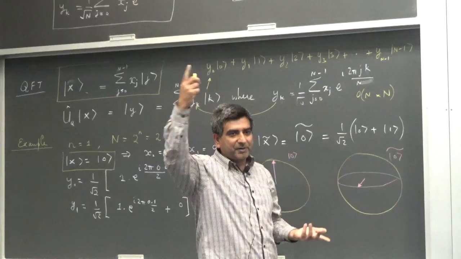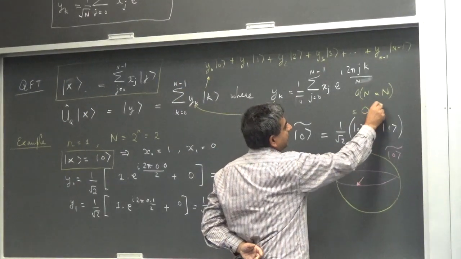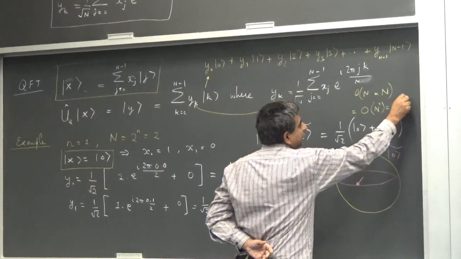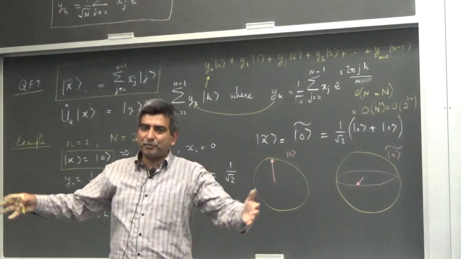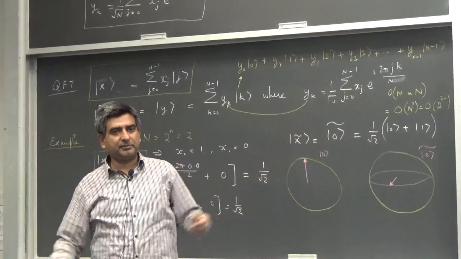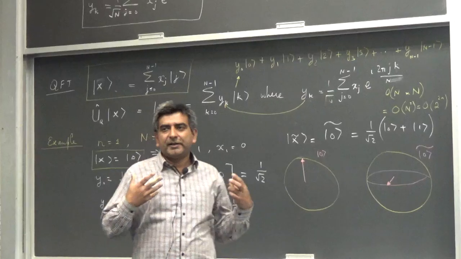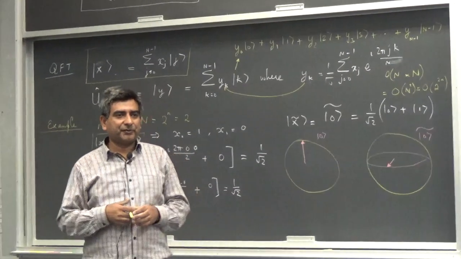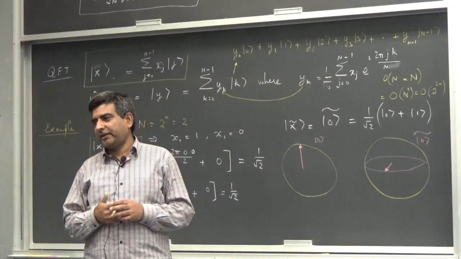N is, by the way, 2 raised power n. So you would really need n square operations. Or now n is 2 raised power n, so you need 2 raised power 2n operations. If you increase the number of qubits, the complexity of the problem goes exponentially. So the classical Fourier transform takes exponential amount of resources, time, number of bits, number of computations that are needed.